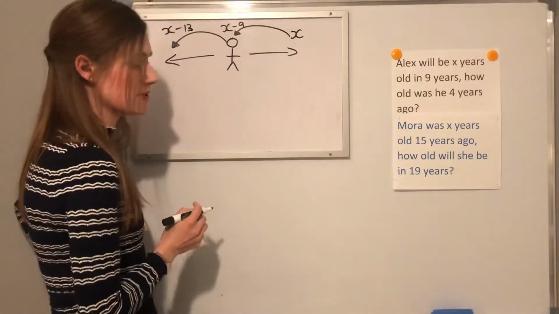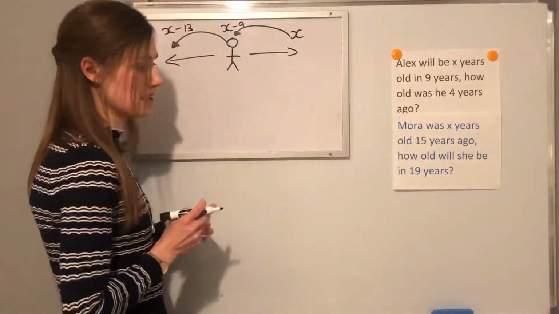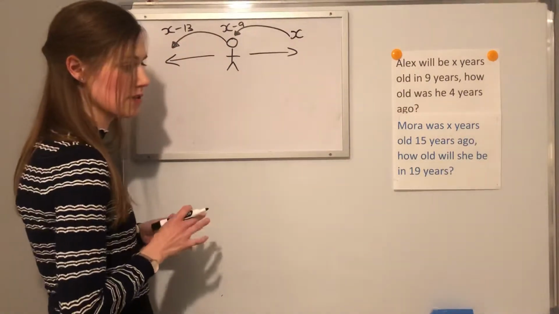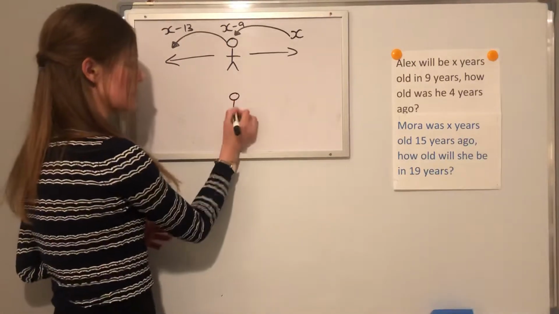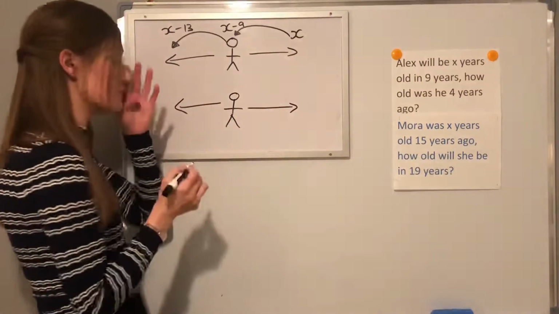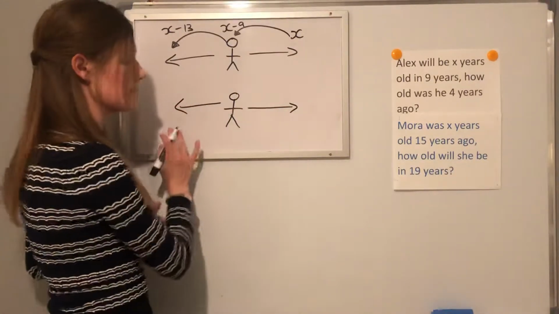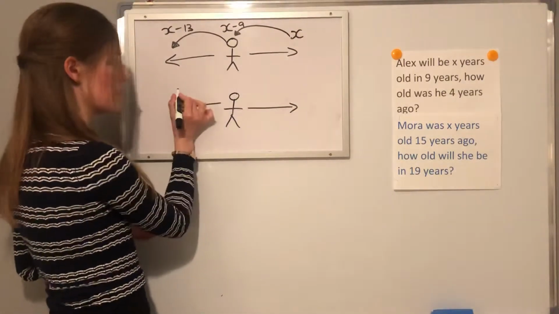If you wanted to do it the other way, so if it said Maura was X years old 15 years ago, how old will she be in 19 years? It's going to be the other way. But again, you draw stickmen with double arrows. Maura was X years old, so that's in the past.